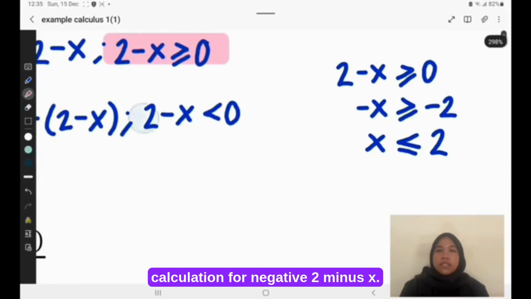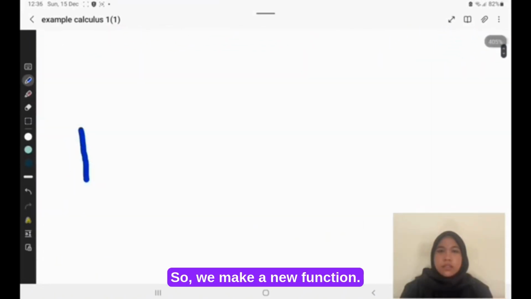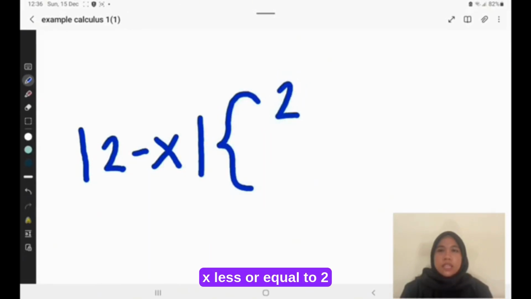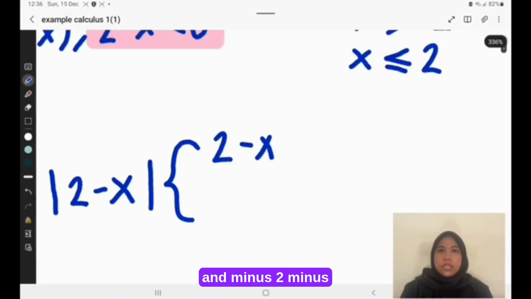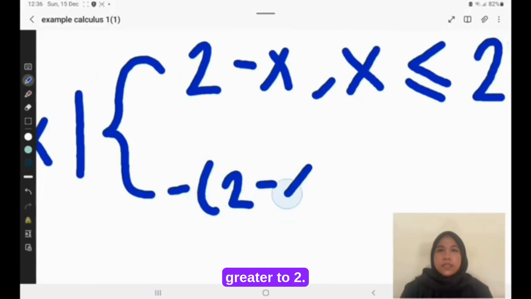Do the same calculation for negative of 2 minus x. So we make a new condition: 2 minus x less than or equal to 2, and the negative of 2 minus x greater than 2.